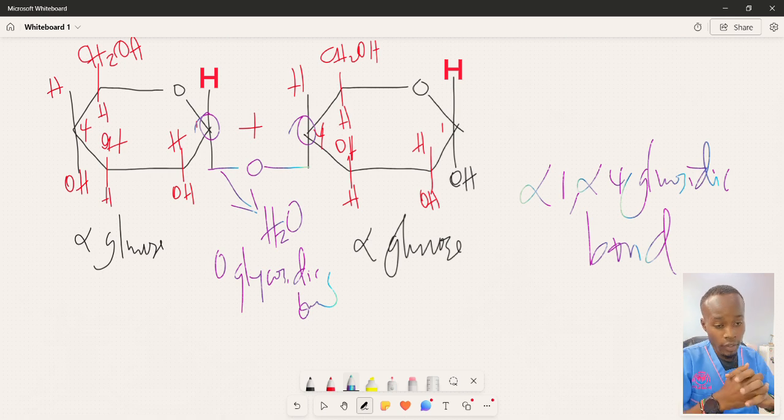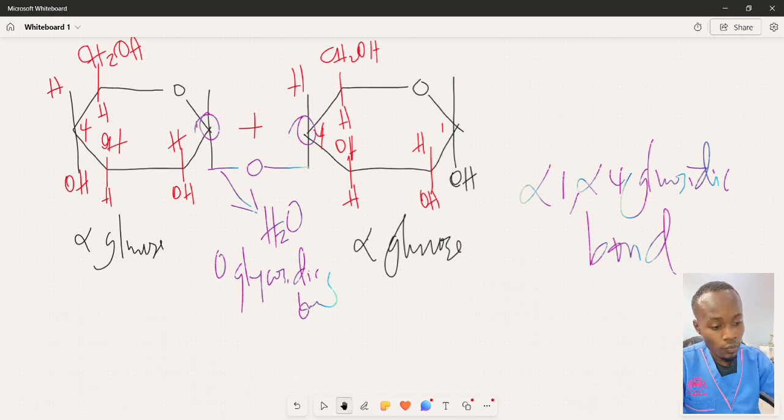So this is how maltose is formed: 2 alpha glucose combining through the process of dehydration, and we are going to have a glycosidic bond, thereby resulting in this kind of structure. This is the final structure for maltose.